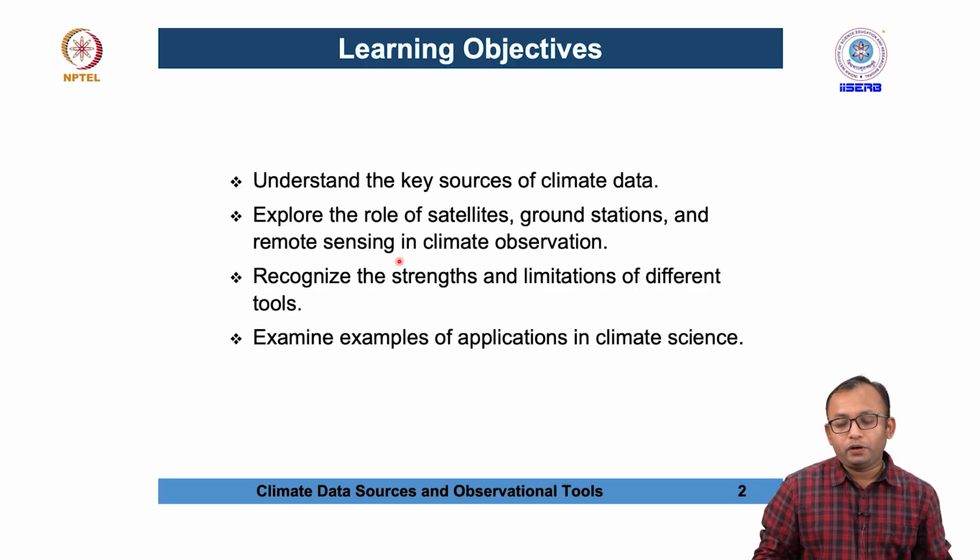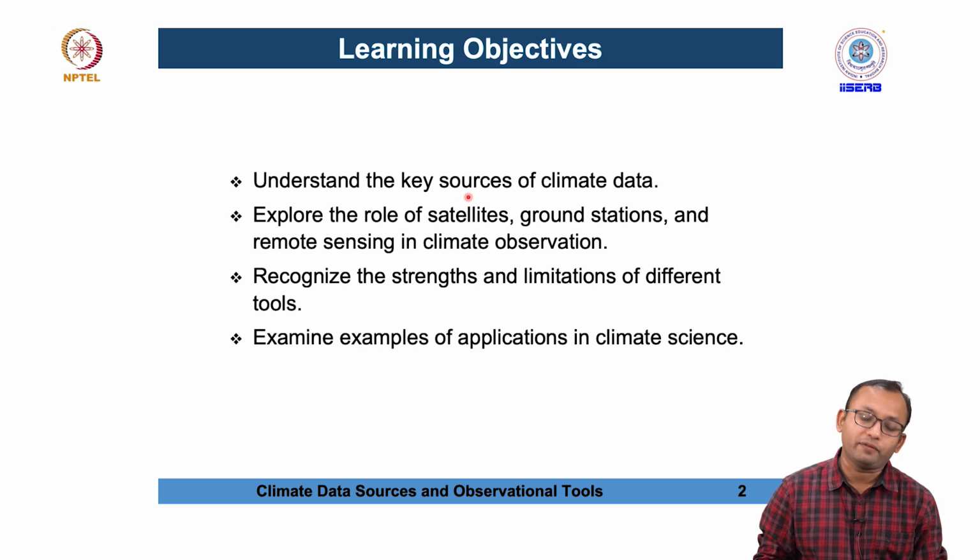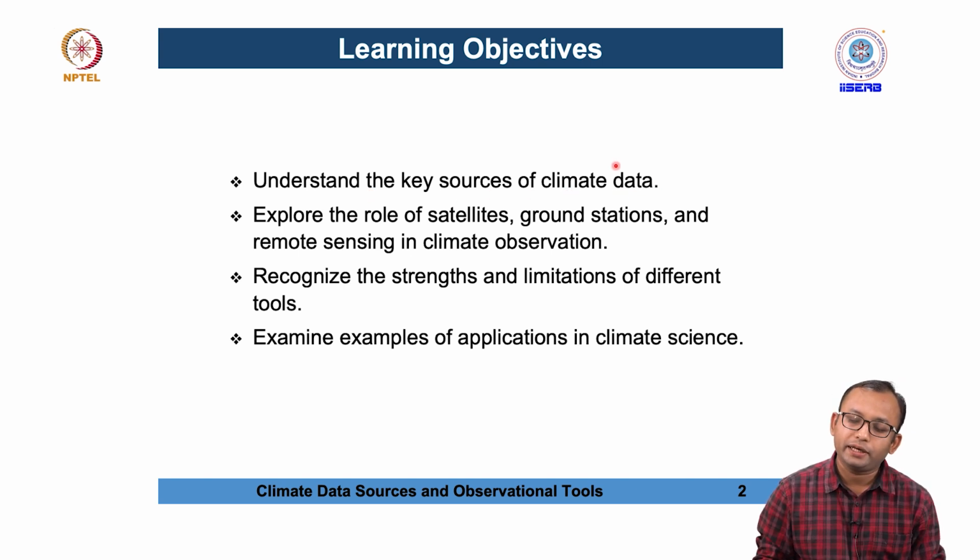In this particular lecture, we will first go through the key sources of climate data sets, where we can obtain these data sets and analyze different types of climate data parameters. Then we will explore some of the satellite, ground station and remote sensing climate observations that are very important when we talk about climate extremes and climate modeling in different parts of the world.